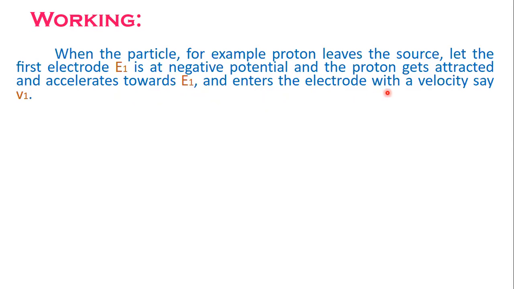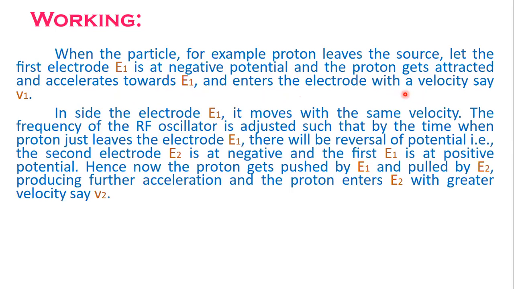with a velocity v1. And inside the electrode E1, since the electric field is zero, there is no further increase in the velocity of the particle. It moves with the same velocity v1 inside the electrode E1.